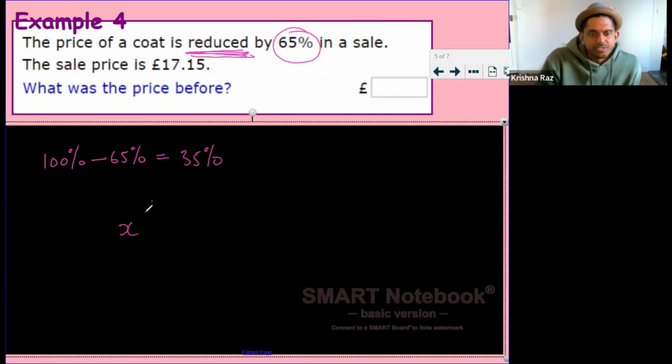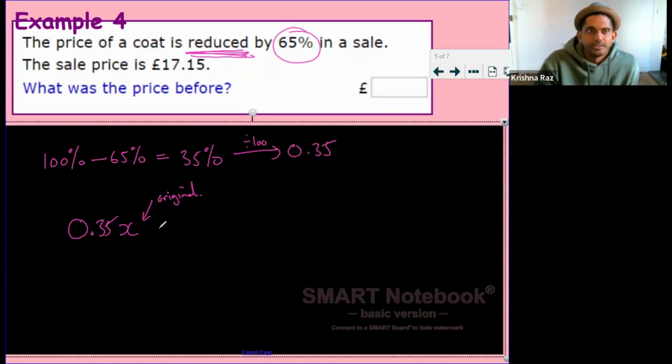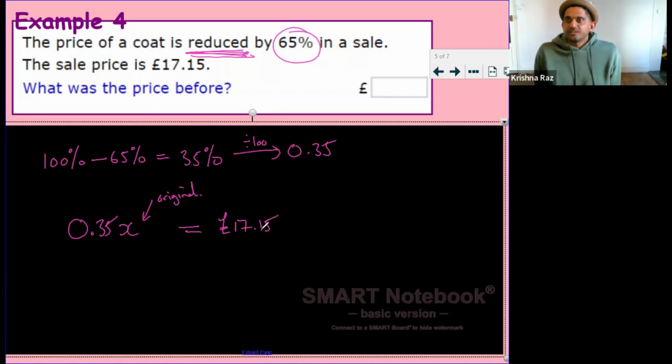So X is the original. And when we times it by 0.35, which we got by dividing 35% by 100, we ended up with a sale price of £17.15. So we bought a coat in a sale for 17 quid. It was 65% reduced.